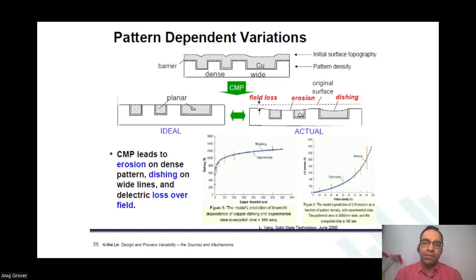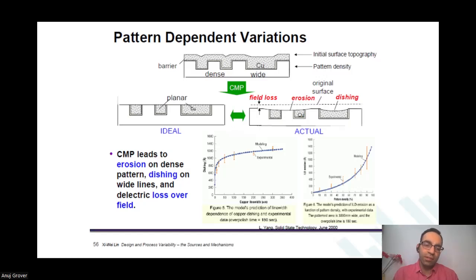Okay, Raghav? So what do you mean by the field loss here, sir? The field oxide, SiO2 loss. When you do CMP, the field oxide will also get polished, na? And what is erosion, sir? Erosion means in between the wires.